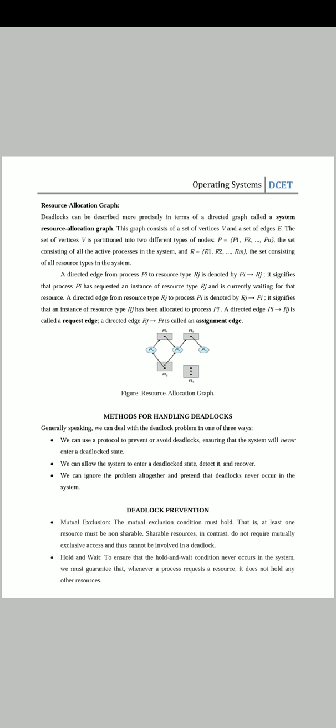Assignment edge indicates that the particular resource has been assigned to a particular process. We represent that by Rj to Pi. It means that the jth resource has been assigned to the ith process.